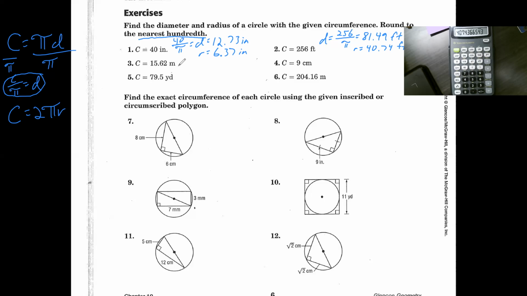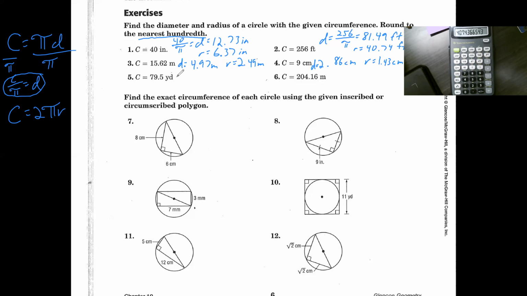Number 3, the diameter on this one is 4.79 meters. The radius is 2.49 meters. For number 4, our diameter is 2.86 centimeters. Our radius is 1.43 centimeters.